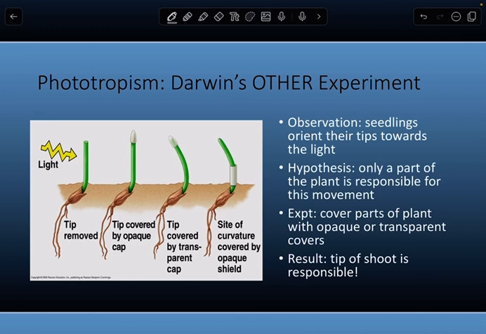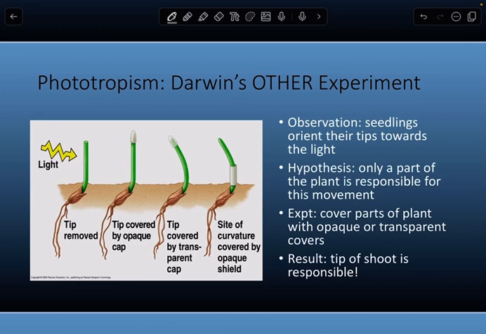But again, he was concerned maybe that the cap, or the weight of the cap, or the fact that it's just a very artificial situation affected the plant's phototropic response. So he replicated the cap, except he made it transparent to light. And there, he got the phototropic response.